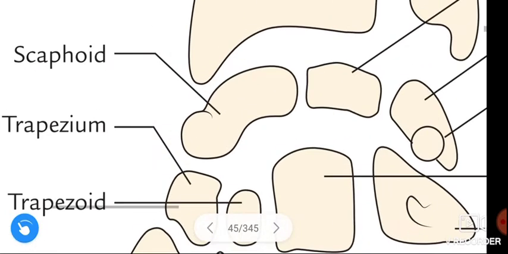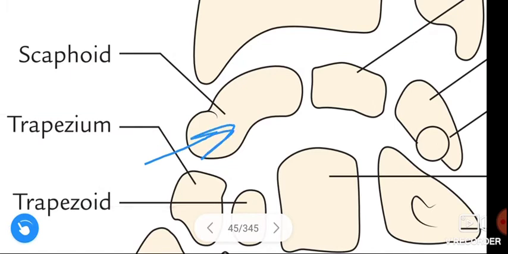Guys, if you see here, this is the scaphoid carpal bone. If you see here, this is the narrowest waist of the scaphoid. Mostly the fracture occurs at this region. In 10 to 15% of people, the blood vessels that supply the proximal part of the scaphoid enter through the distal pole.